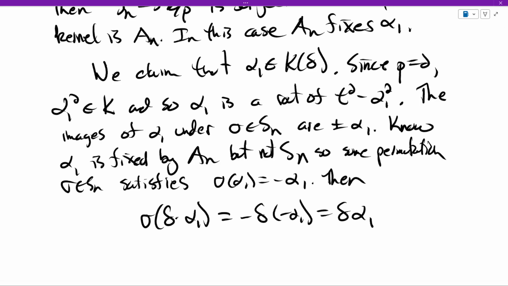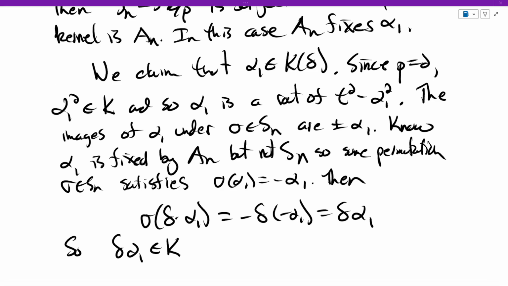And so what this tells us is that this element delta alpha 1 is, first of all, fixed by An, but it's also fixed by the guys that negate them. So it's actually fixed by Sn. So delta alpha 1 actually belongs to K.